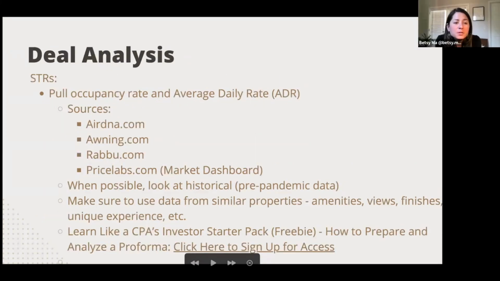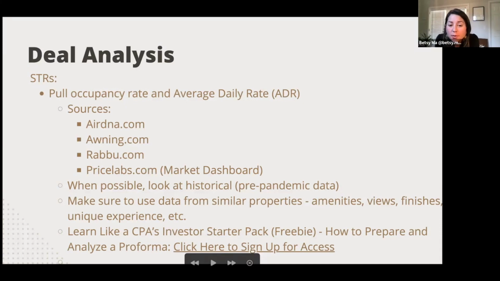So for short-term rentals, you want to really consider the occupancy rate and the average daily rate for properties or markets that you're interested in. If you're interested in a property, if you're looking like you're going to place an offer or get into escrow, look on AirDNA, look at awning.com, look at vrbo.com, PriceLabs.